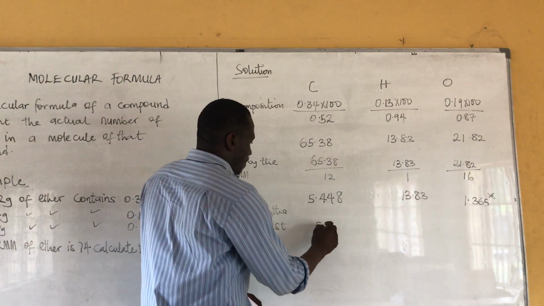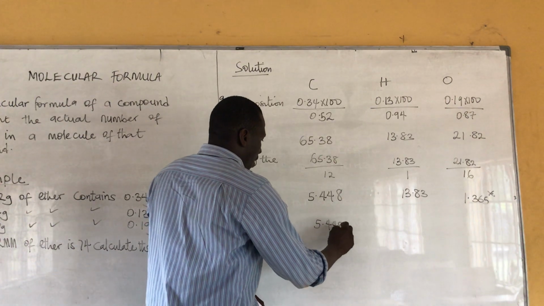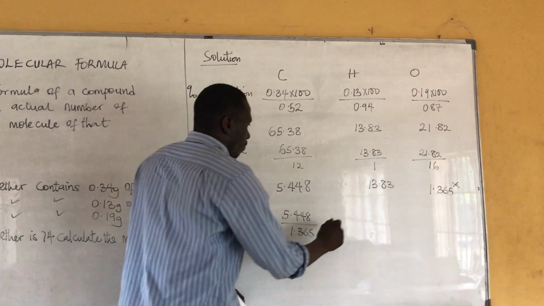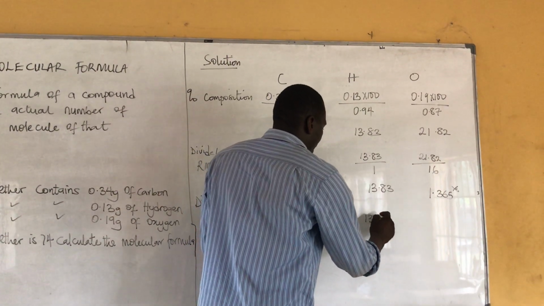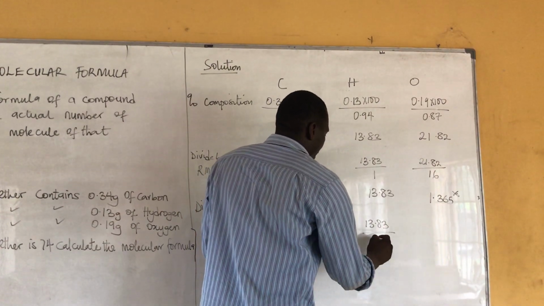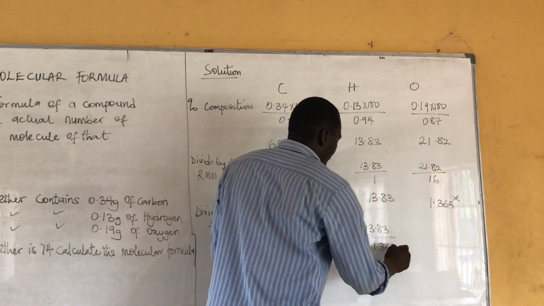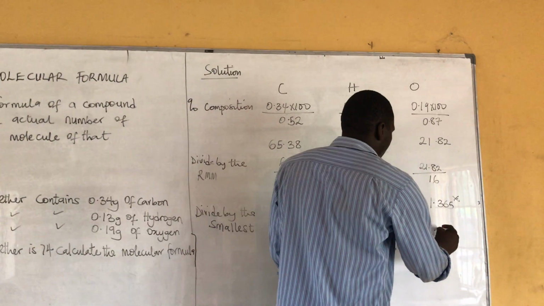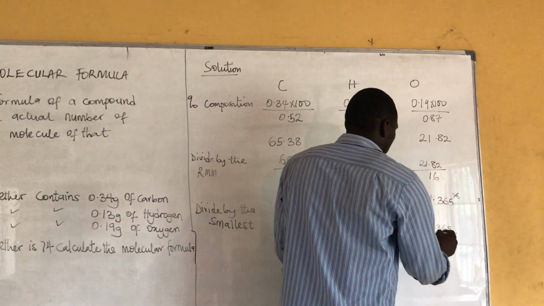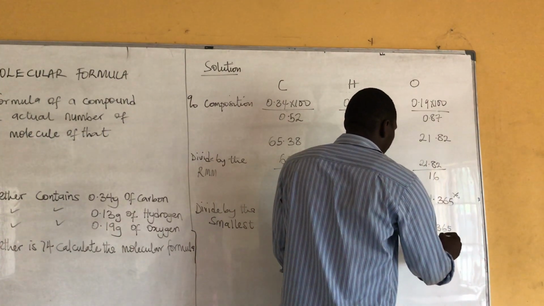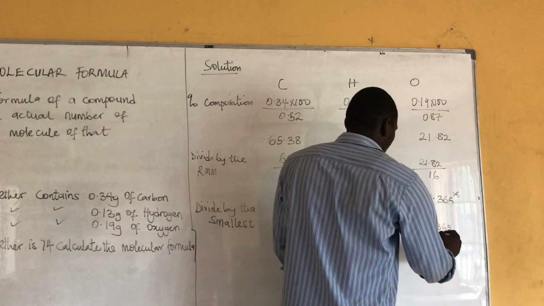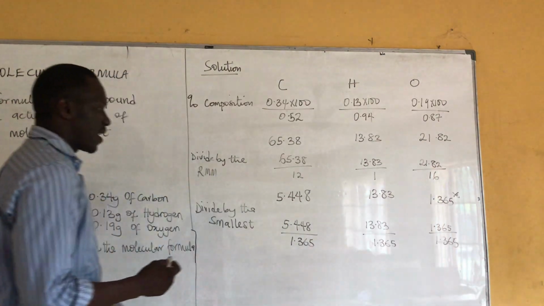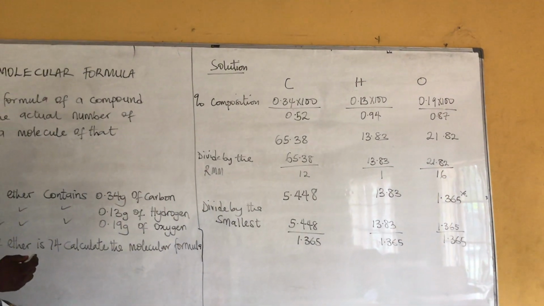So 5.448 divided by 1.365, 13.83 divided by 1.365, then 1.365 divided by 1.365.